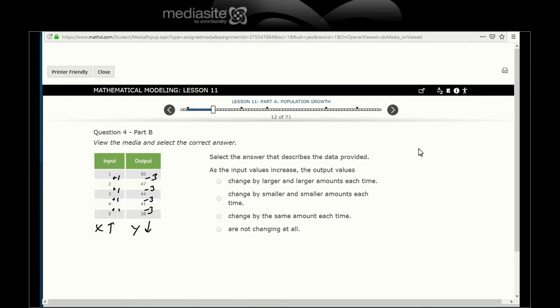So select the answer that best describes. As input value increases, okay, as input goes up, the output value changed by larger and larger amounts? No. Changed by smaller and smaller amounts? No. Changed by the same amount each time?